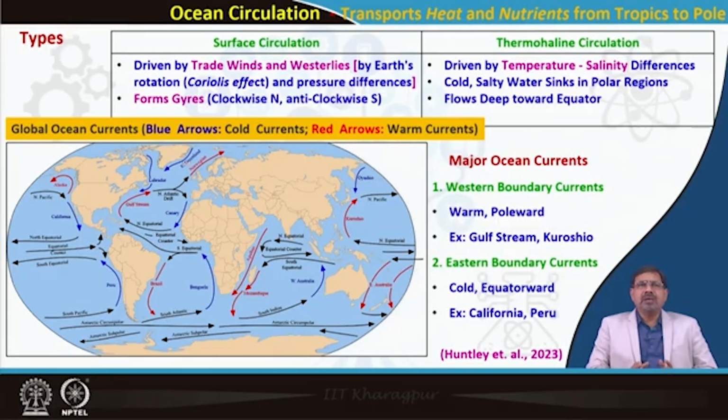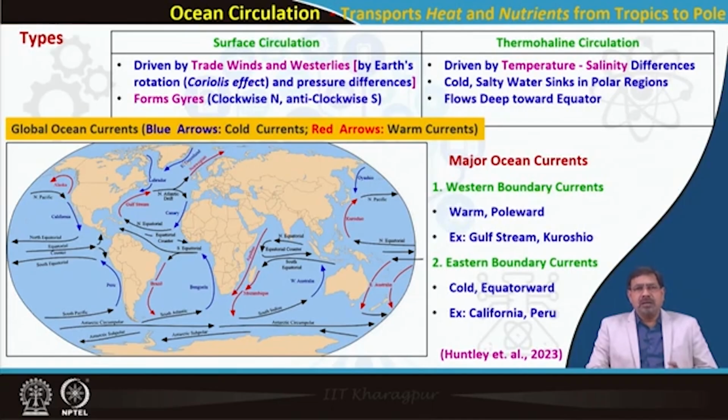This can be divided into two different types. The first one is surface and the second one is thermohaline. In terms of surface circulation, we very often come across two major phenomena, that is the trade winds and the westerlies. These are driven by Earth's rotation, sometimes referred to as the Coriolis effect, and the pressure differences.